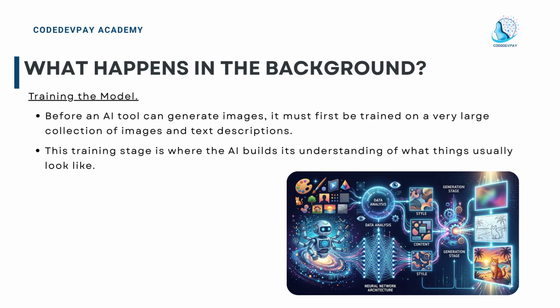Over time, the AI will learn the relationships between words and objects, words and colors, words and artistic styles, words and scene arrangements. For example, it can learn that sunset often involves warm orange and pink lighting. Futuristic often includes glowing lights, modern structures, and sci-fi elements. So the training stage is where the AI builds its understanding of what things would usually look like.